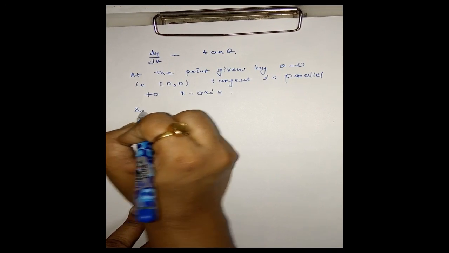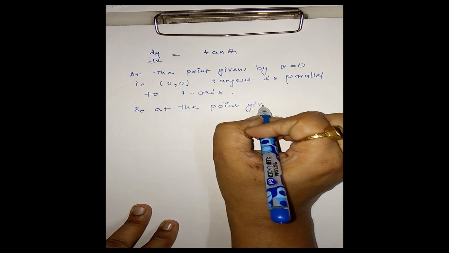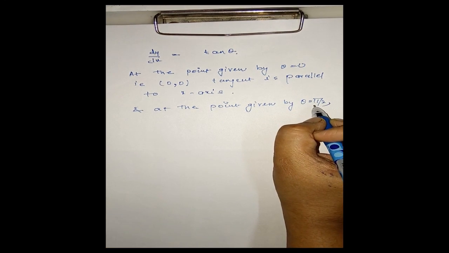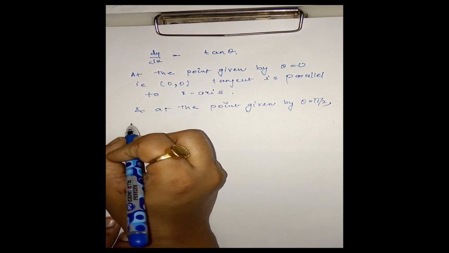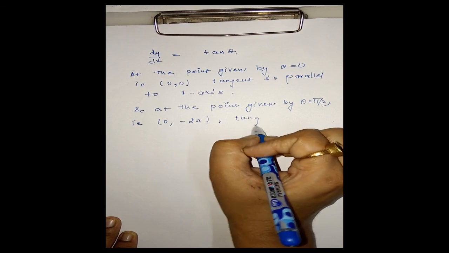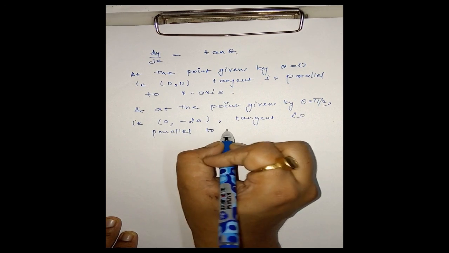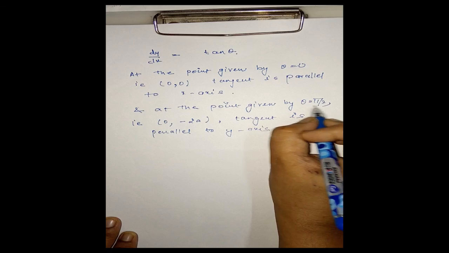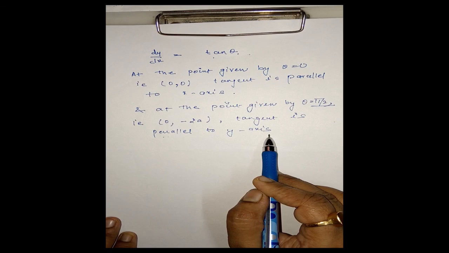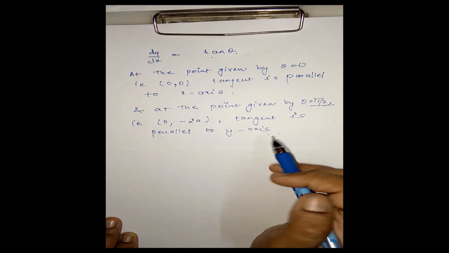And at the point given by theta equal to pi by 2, substituting theta equal to pi by 2 in x and y, that is (0, minus 2a), the tangent is parallel to the y-axis, since at theta equal to pi by 2, dy by dx tends to infinity.